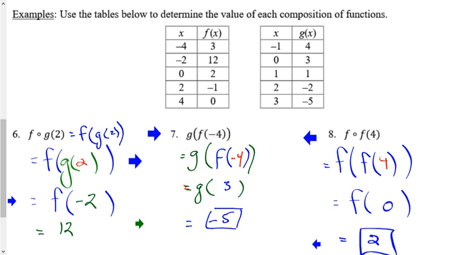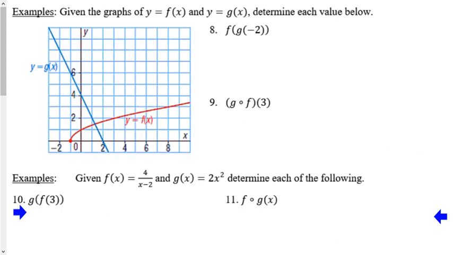Just like we did with adding, subtracting, multiplying, dividing, we can work from graphs as well to do the composition of functions. So that's what we'll do here for questions 8 and 9. Question number 8. The input that I'm sticking in is a -2. So that's an x value. And so what I'm going to do is I'm going to say, well, when x is -2, I'll use a vertical line to help me.